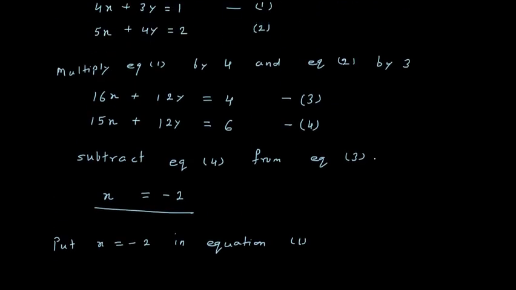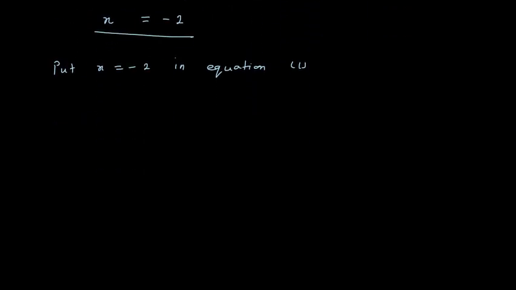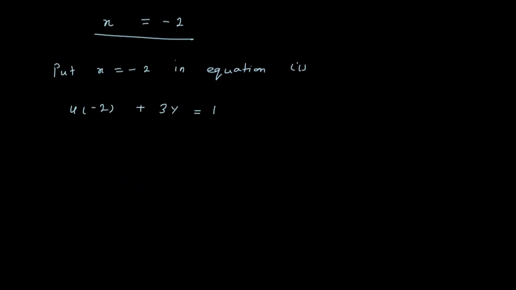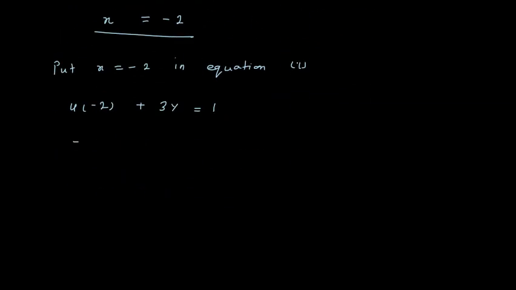In equation 1, 4x plus 3y is equal to 1. So 4x means this is minus 8, plus 3y is equal to 1. Therefore we will get 3y is equal to 1 plus 8, and 1 plus 8 is 9. Therefore I get y is equal to 9 upon 3, which is 3.